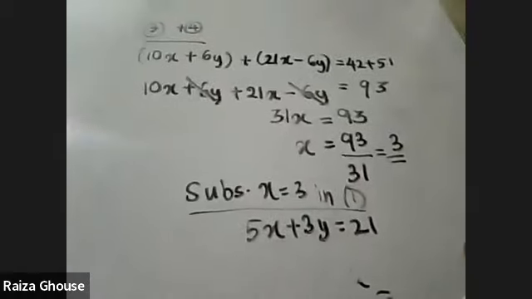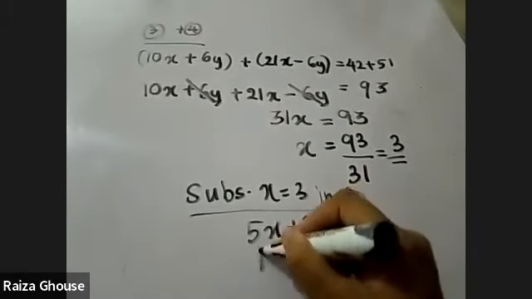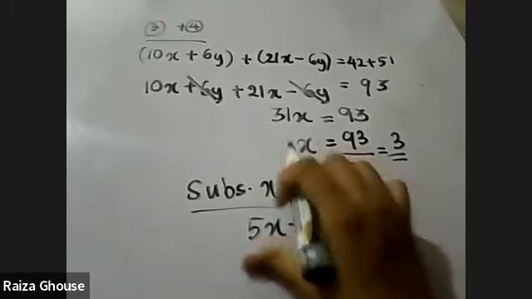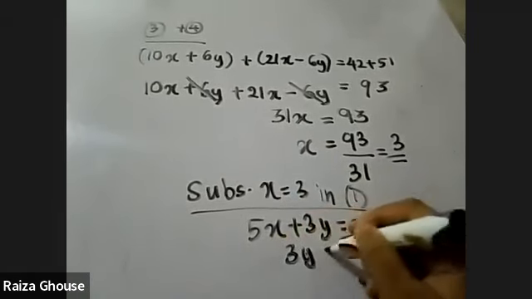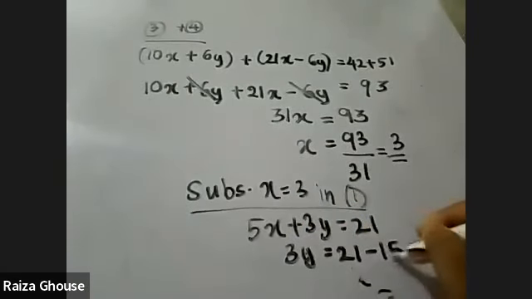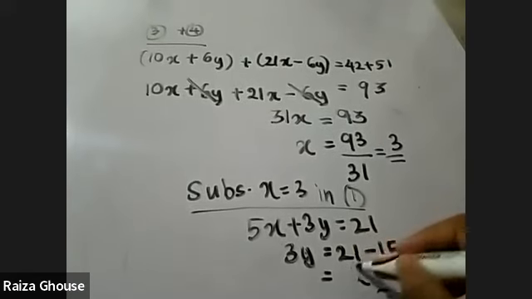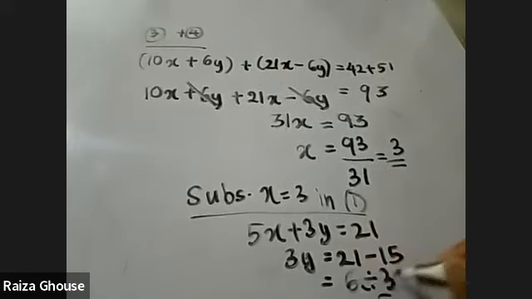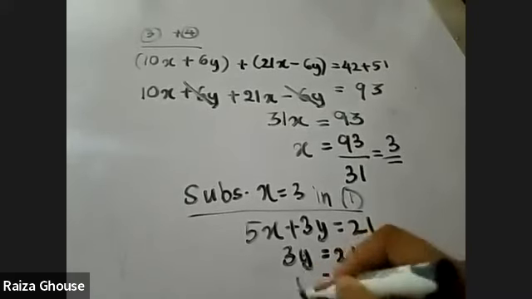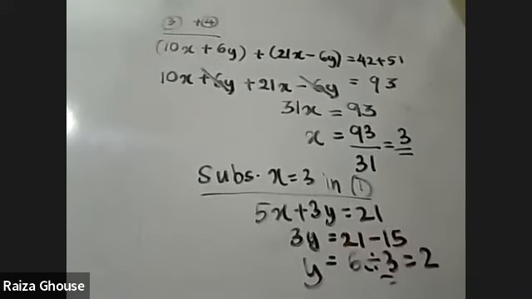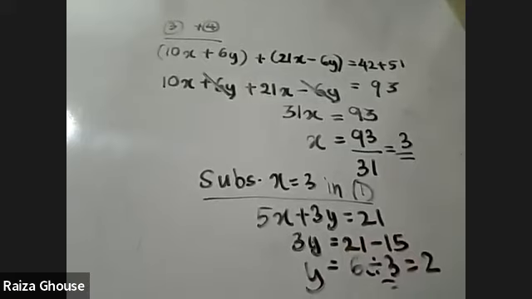I can substitute 5 times 3, 15. 15 plus 3y. So I'll keep 3y here. I'll take 15 to the other side. When I subtract 21 minus 15, I get 6. So 6 divided by 3 is equal to 2. y is equal to 2. Now can you understand?